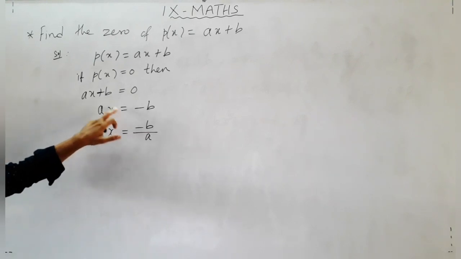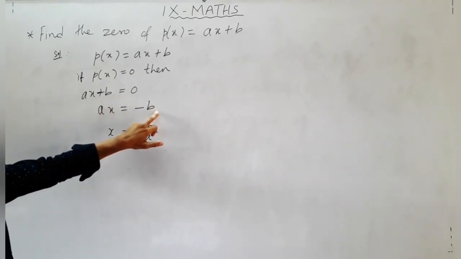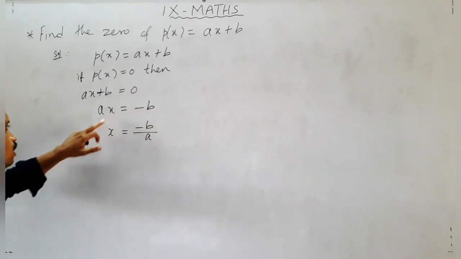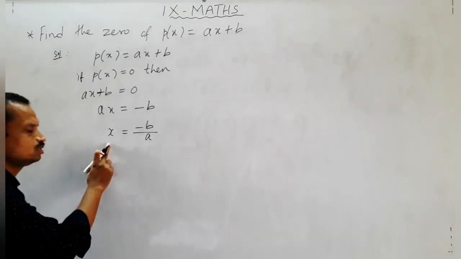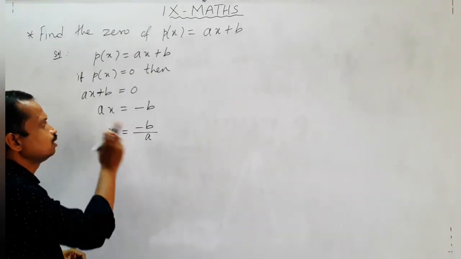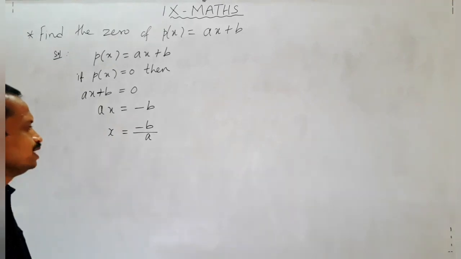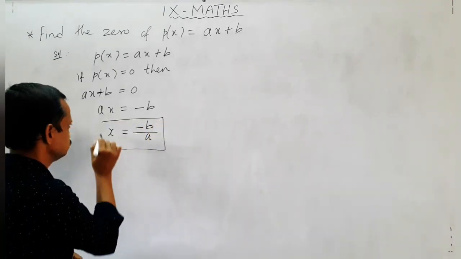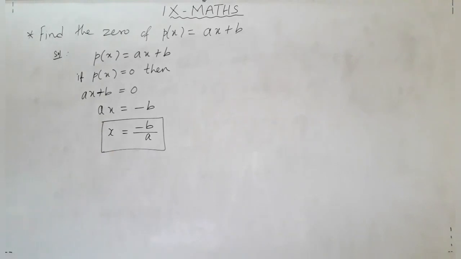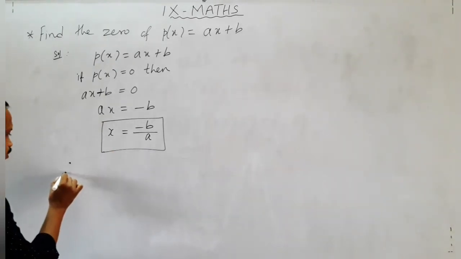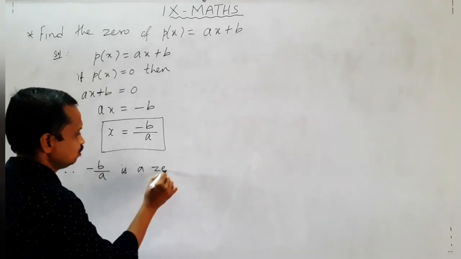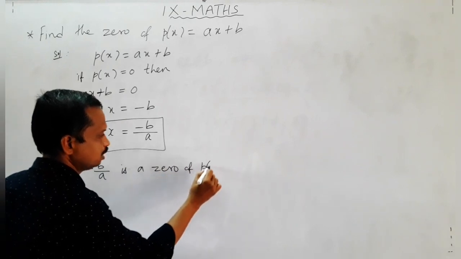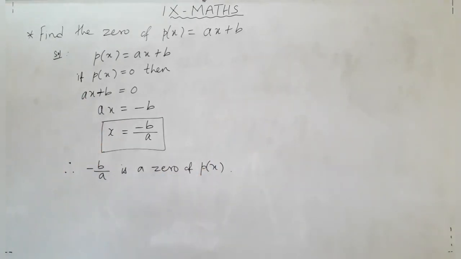So ax is equal to minus b, since b becomes minus b when transposing to the right side. Keeping x here, a and x are multiplying, so a into x. Transpose a to the right side, so it will go to the denominator. So minus b by a is the x value. Now x equal to minus b by a, we got it. So now easily you can say, therefore minus b by a is a 0 of the given polynomial p of x. So this is the way of finding.